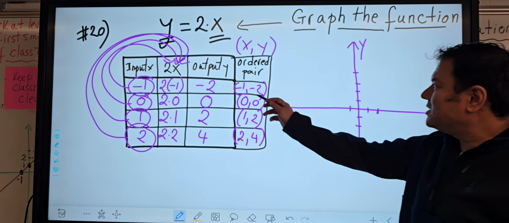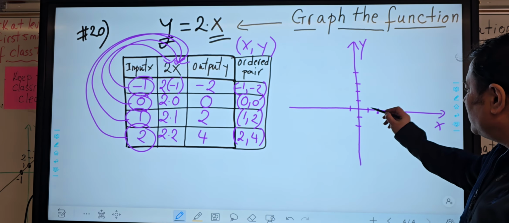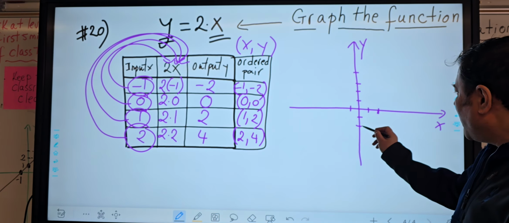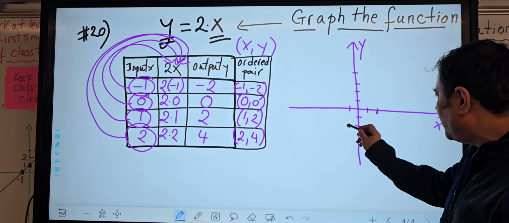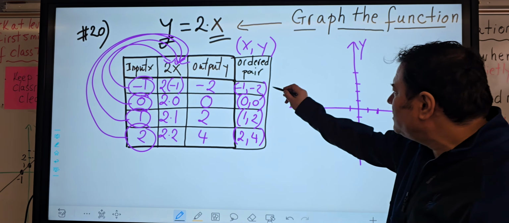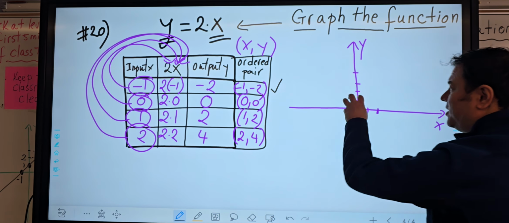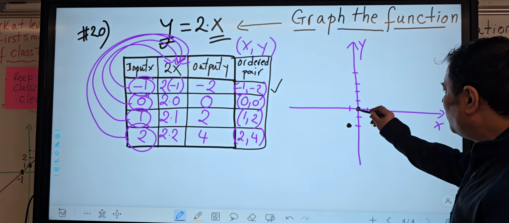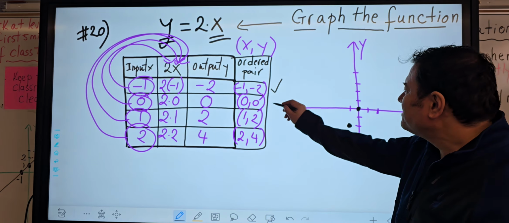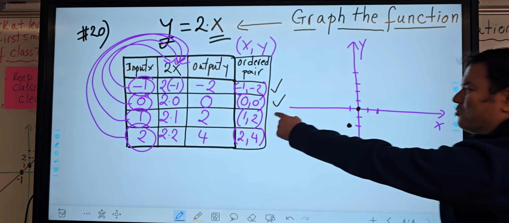So let's graph first negative 1 and negative 2. So x is negative 1, y is negative 2, so it's going to be right here. That's our first dot. And then let's graph 0, 0, which is going to be at the origin. X is 0, y is 0, right there. And then let's graph 1 and 2.